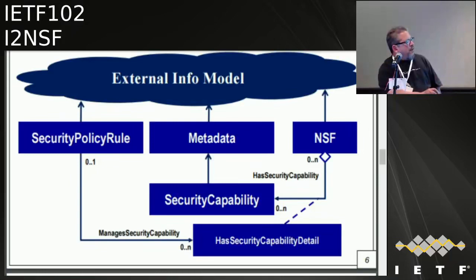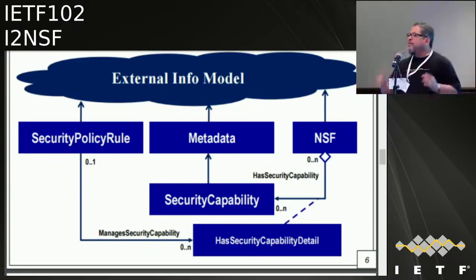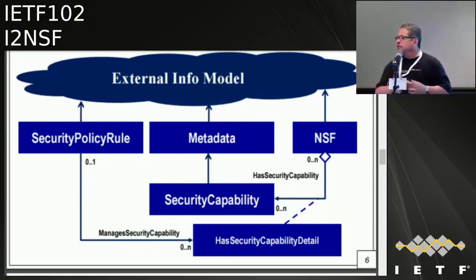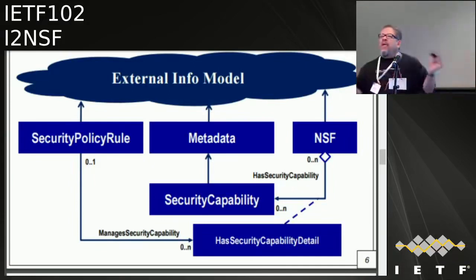This funny little symbol means an association class. So that means that I have the power of a class, attributes, methods, other relationships, etc., to realize the semantics of this association.